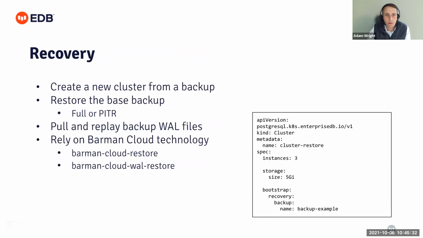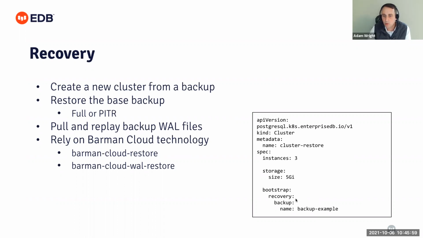Taking backups, you need to be able to recover. So we can create a new cluster from a backup. We have the bootstrap framework from our earlier deployments. We had initdb here, but here we have recovery, so we're pointing to our backup. So we're going to bootstrap a new cluster from a full backup. This definition here will create a new cluster based off this backup; this is all that you need.